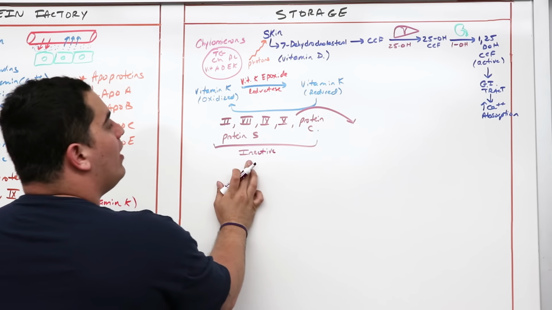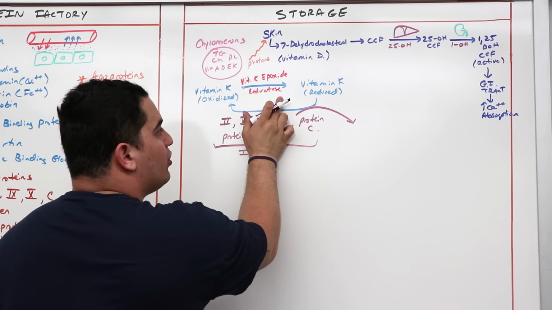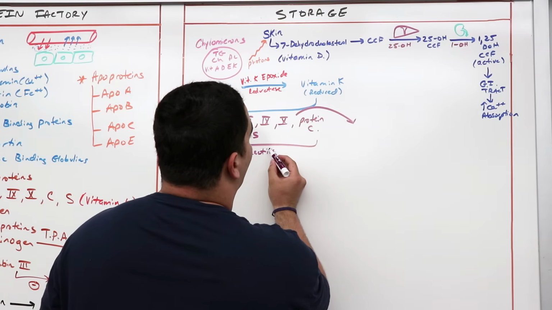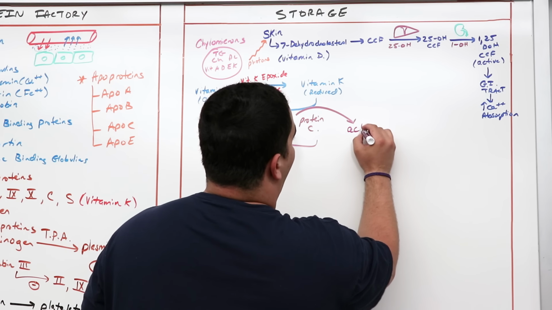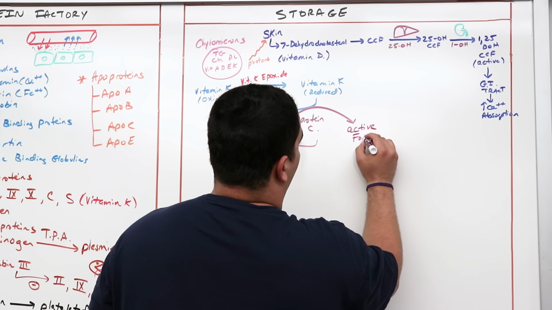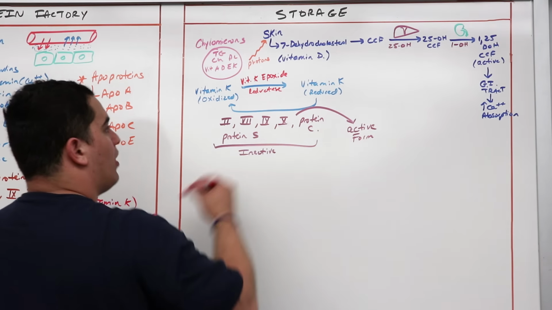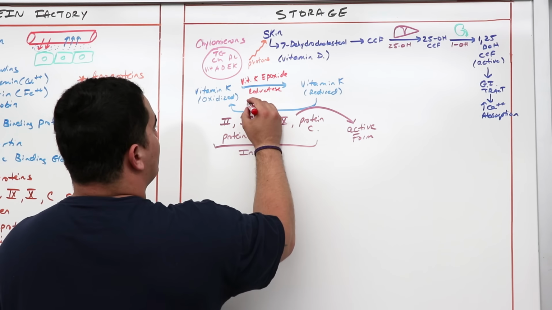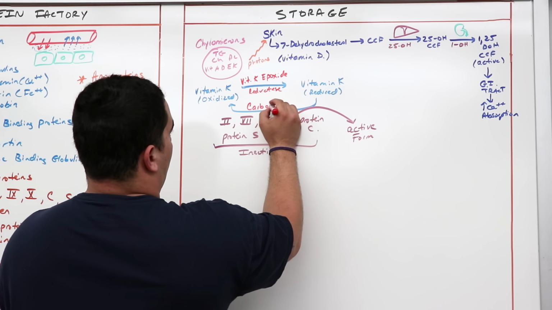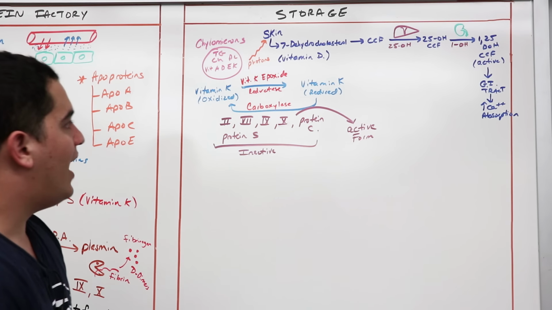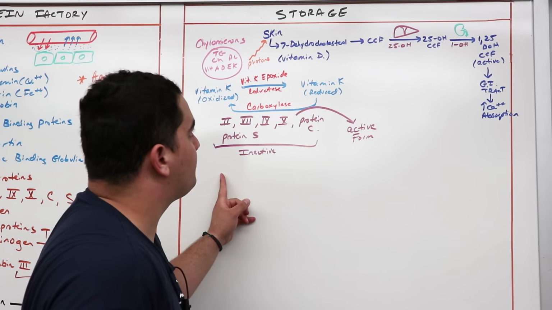When they interact with vitamin K in the reduced form through a specific enzyme called a carboxylase enzyme, it converts them into their active form. So that's important here. And again, the enzyme that's triggering this process is called a carboxylase enzyme. Okay, so that is the significance with vitamin K.